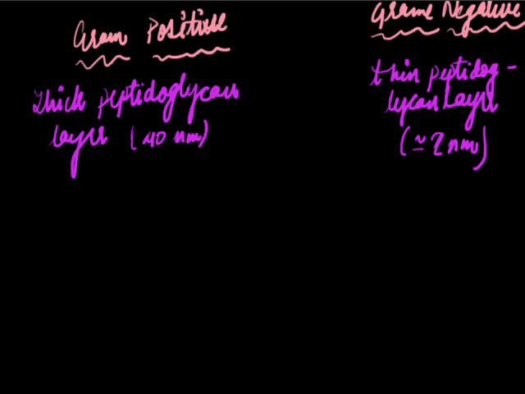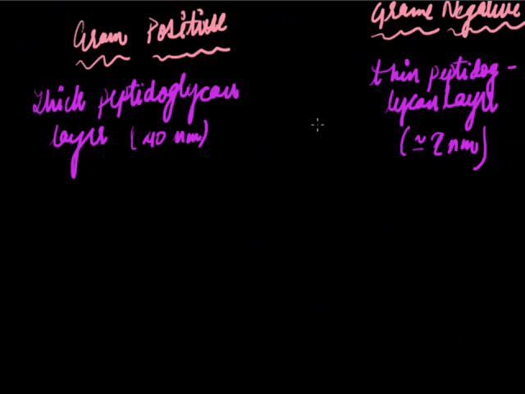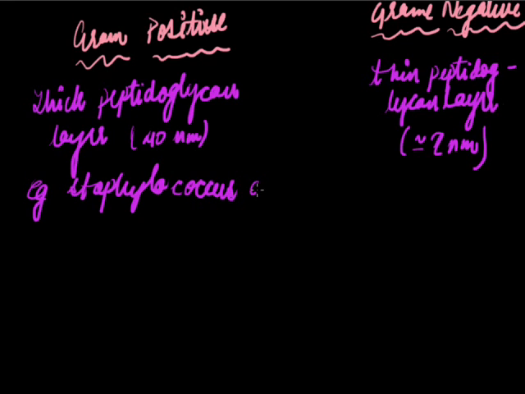Let's see some examples. An example of gram-positive bacteria is Staphylococcus aureus, and of gram-negative bacteria is E. coli.